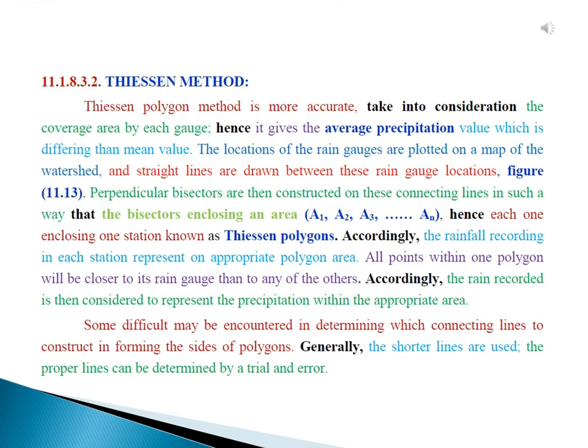Thiessen method. The Thiessen polygon method is more accurate, taking into consideration the coverage area of each gauge. Hence, it gives an average precipitation value which differs from the mean value.